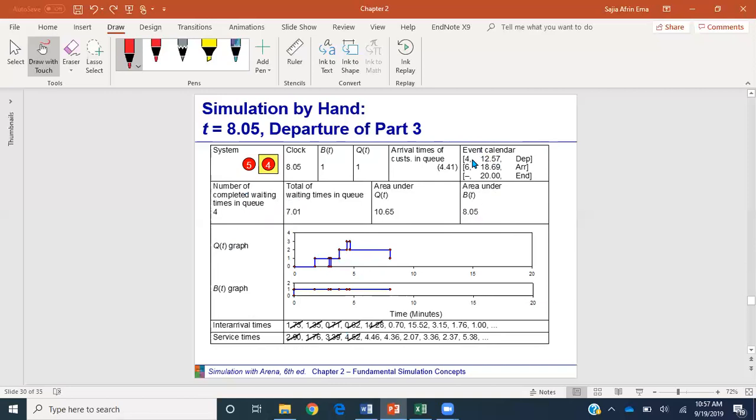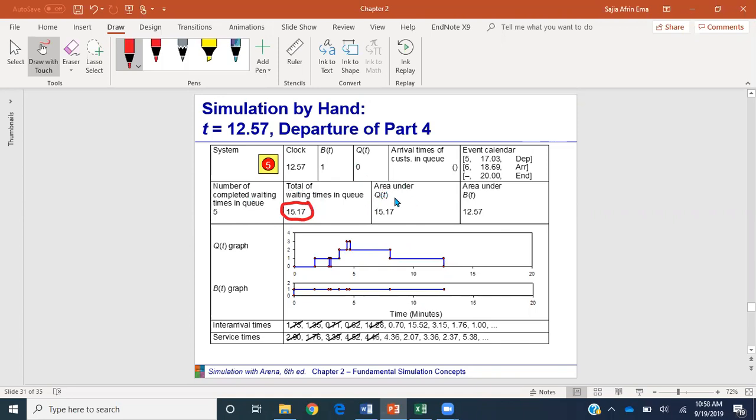Okay, next thing that will happen, part 4 will depart the system. Part 4 departed the system and there is no one in the queue now. And then it came down. The number of completed parts waiting is 5 because part 5 also completed the queue time. Total waiting time in queue is 15.17 minutes. How are we getting it? Whoever completed the queue increased this time.